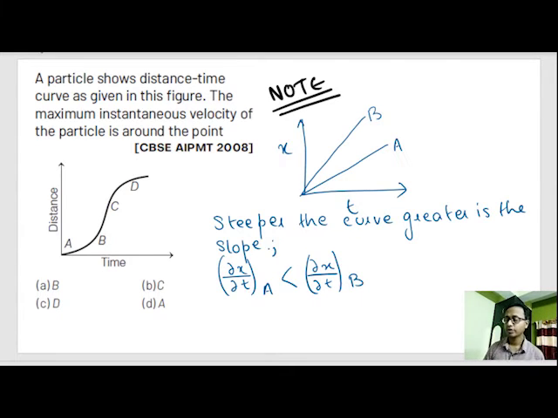So in this question, they are asking: a particle shows a distance time curve as shown in this figure, and the maximum instantaneous velocity of the particle is around which point. That means to find the maximum instantaneous velocity, you have to draw the slope at all points. Let's draw the slope at A. The slope at A gives us something like this. The slope at B gives us something like this.